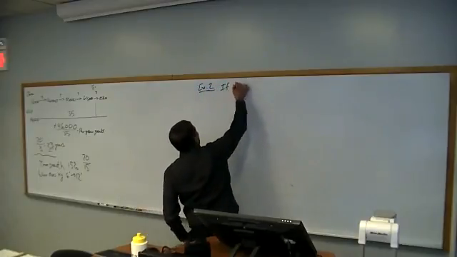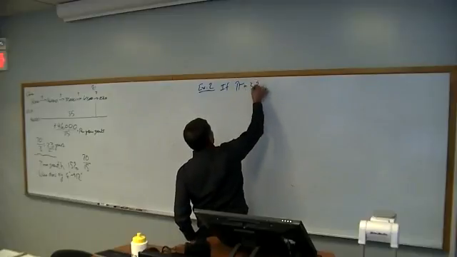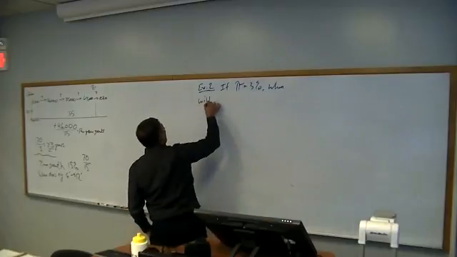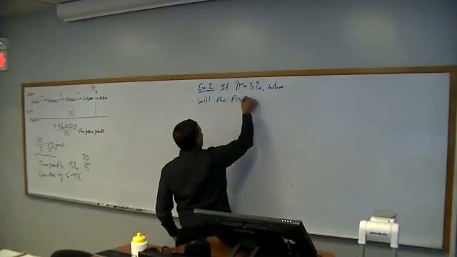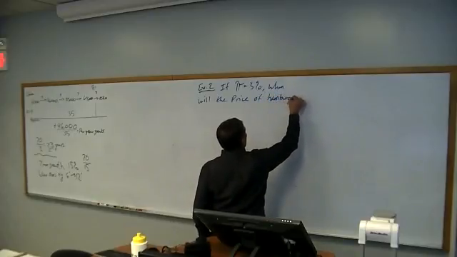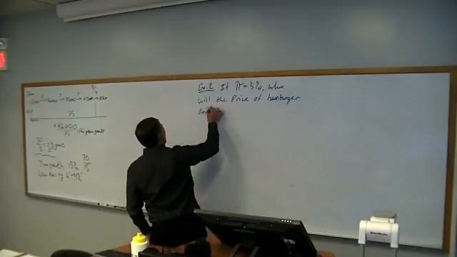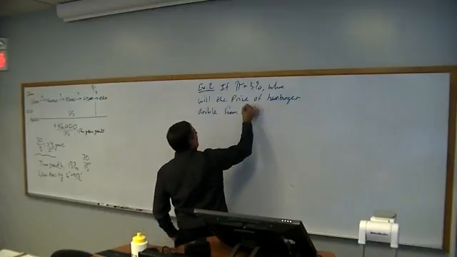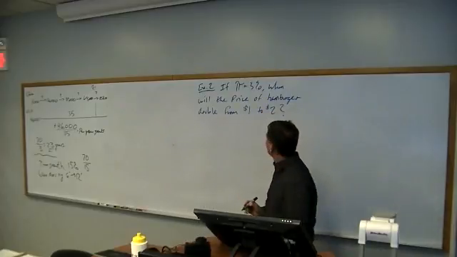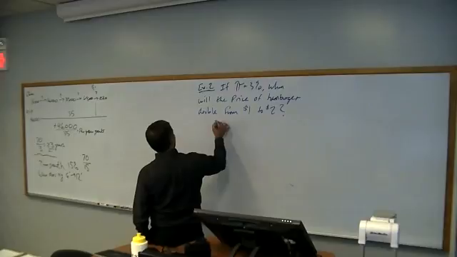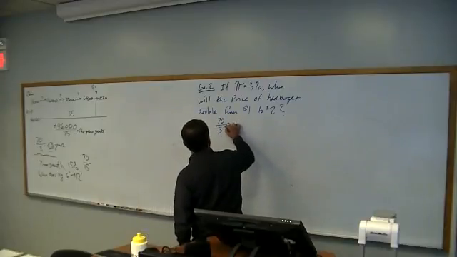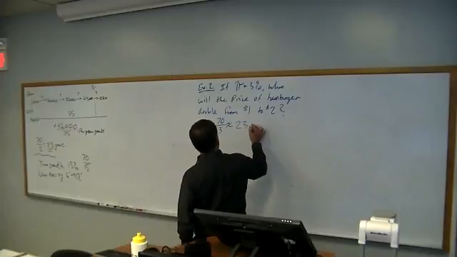If inflation is equal to 3%, when will the price of a hamburger double from $1 to $2? And then we already got the answer down there. Rule of 70, 70 divided by the 3% gives me approximately 23 years.